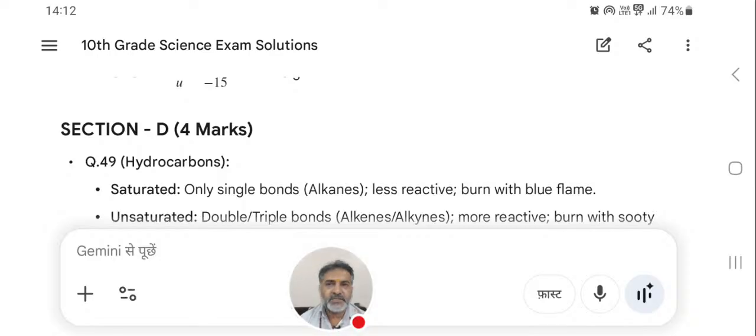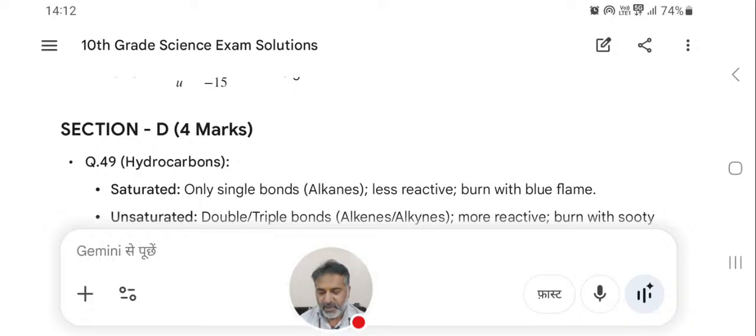What will the pH be when curd forms? It will come between 1 and 6, because lactobacillus bacteria produce lactic acid, so the pH decreases in curd. And second, which gas is usually liberated when acid reacts with metal? Hydrogen gas is evolved. Illustrate with an example: Zn plus HCl gives ZnCl2 plus H2.